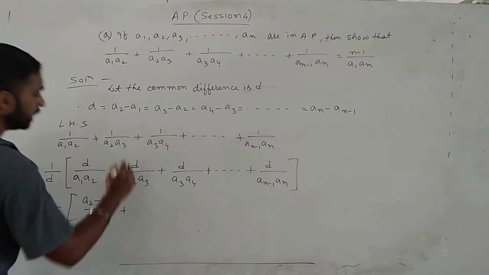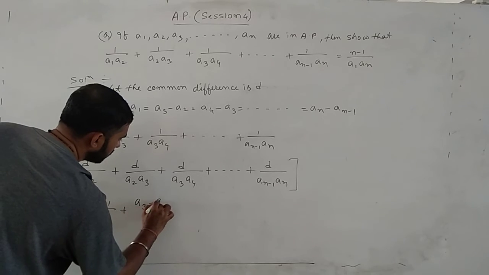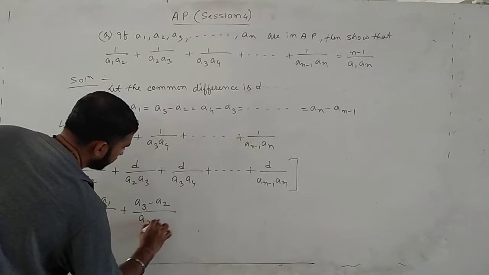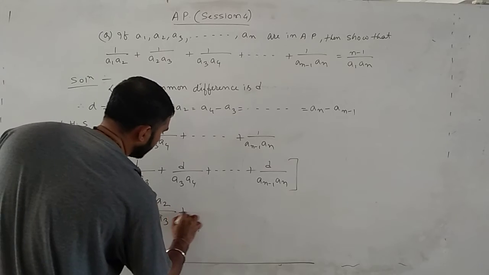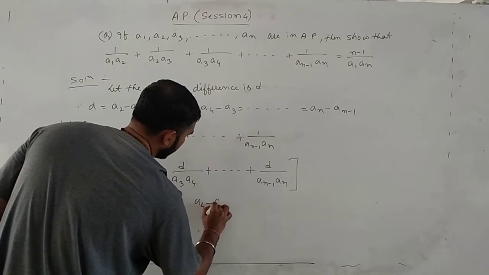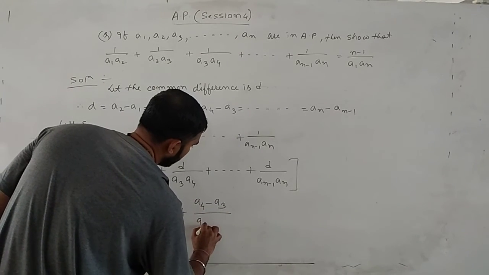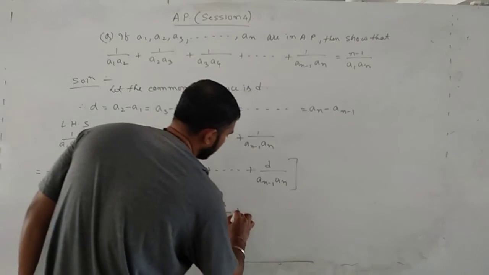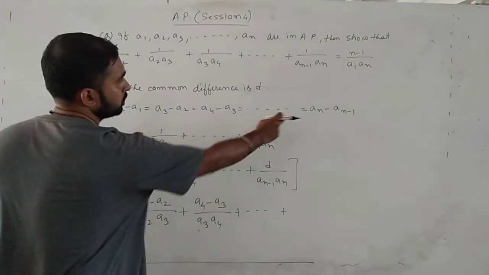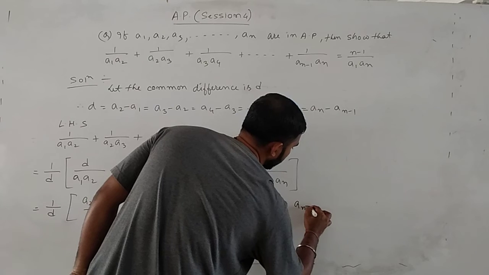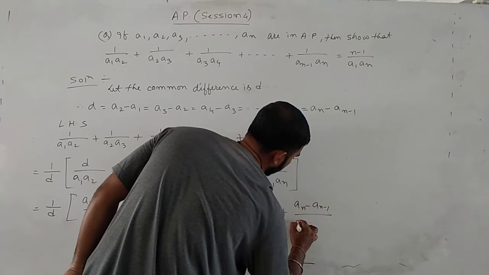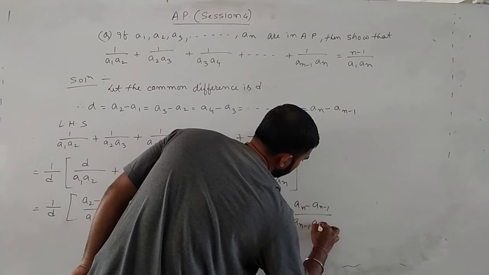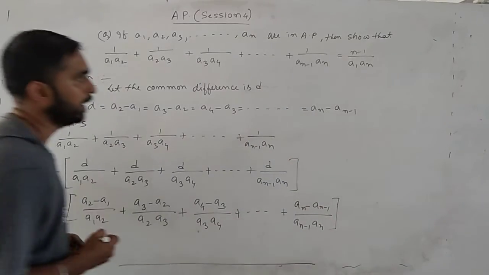Here d means a3 minus a2 by a2 a3. Here d means a4 minus a3 by a3 a4, and the last one is an minus an minus 1 by an minus 1 an.